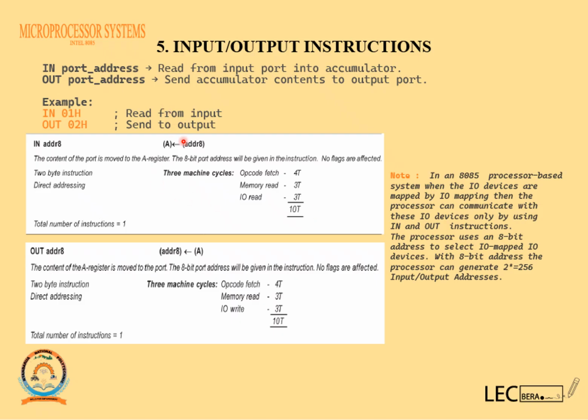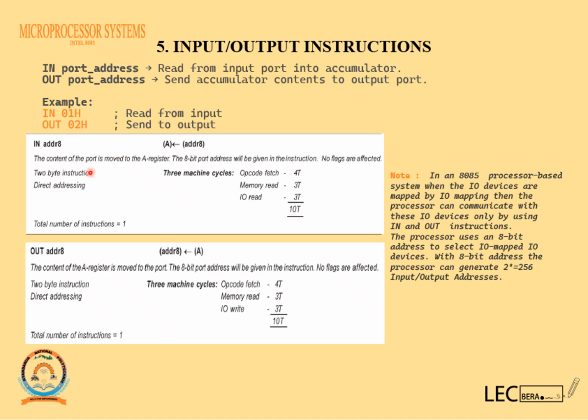So we have another example here. You'll go through this example. Let's say I want to transfer data which is found at an 8-bit address to the accumulator, then I will use this instruction, IN 8-bit address.